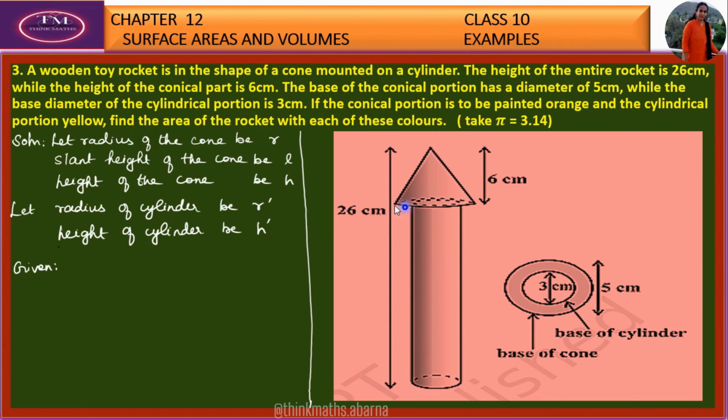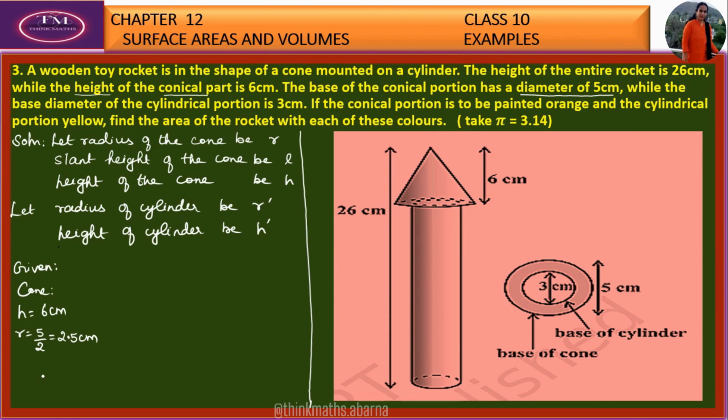Here the height of the entire rocket is 26 centimeter, while the height of the conical part, which is H, for the cone, H is equal to 6 centimeter. What is the radius? The base of the conical portion has diameter 5 centimeter. That means R is equal to 5 by 2, which is 2.5 centimeter.